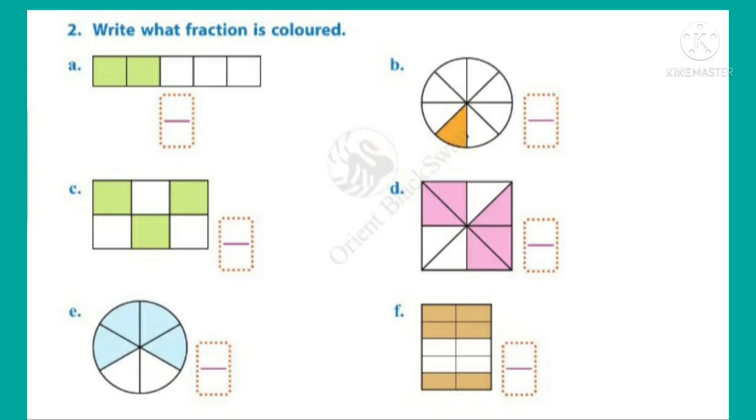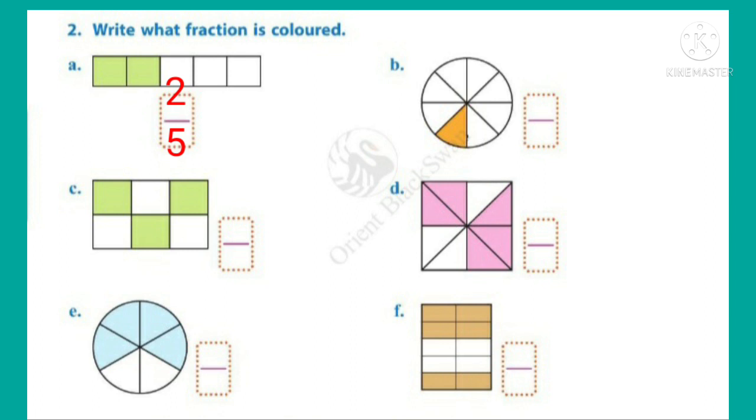Second question. Write what fraction is colored. See the first question. There are 5 equal parts in which how many parts are colored? 2. So the fraction is equal to 2 by 5. Is it clear? Next question B. How many equal parts are there? 8. Then number of colored parts equal to 1.